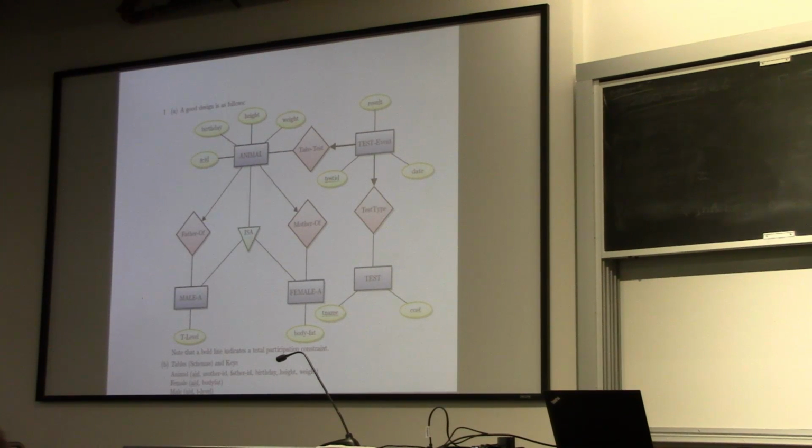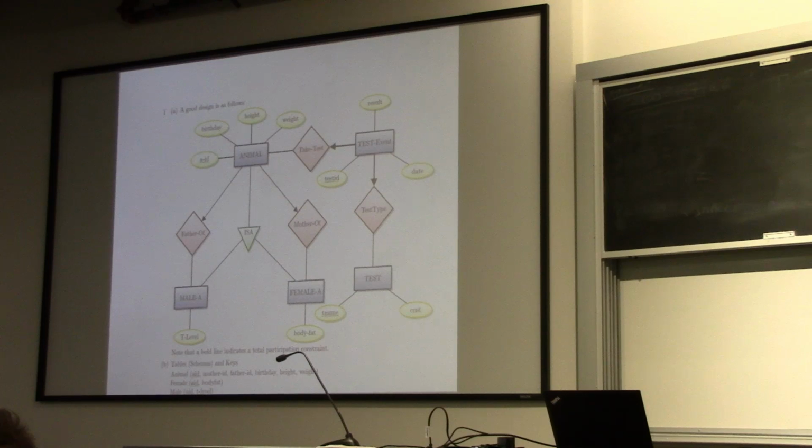In other words, you can connect a parent entity set with a children entity set using just a normal relationship set. That's exactly what we do here, with the observation that only a male can be a biological father of another animal, and only a female can be the biological mother of another animal.